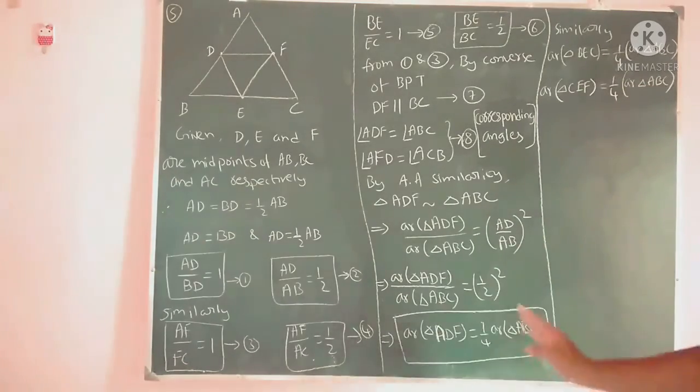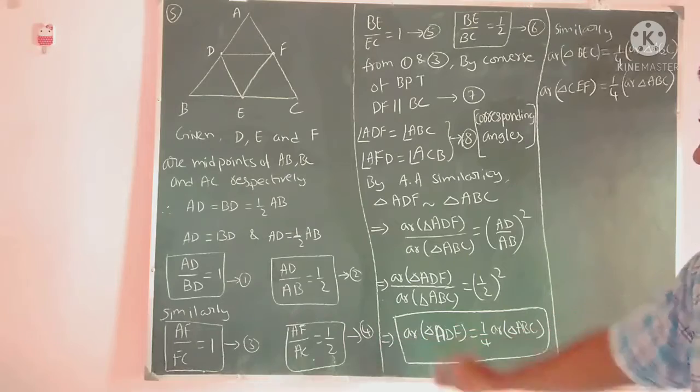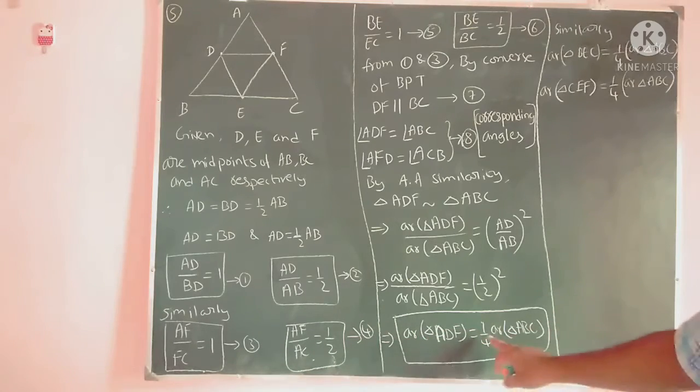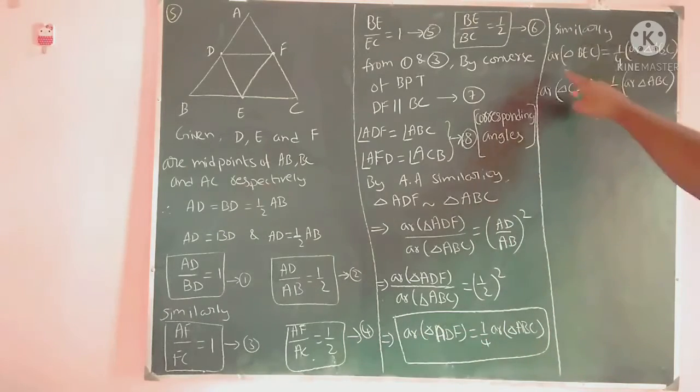So at last we got the statements that area of triangle ADF is equal to 1 by 4 times ABC, area of triangle BDE is equal to 1 by 4 times area of triangle ABC, and area of triangle CEF is equal to 1 by 4 times area of triangle ABC.